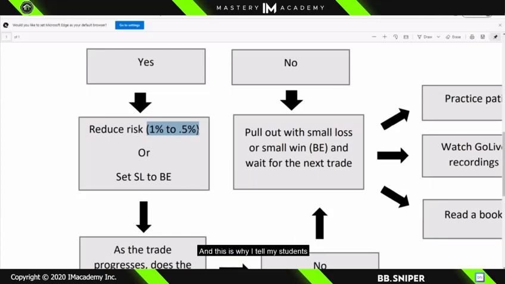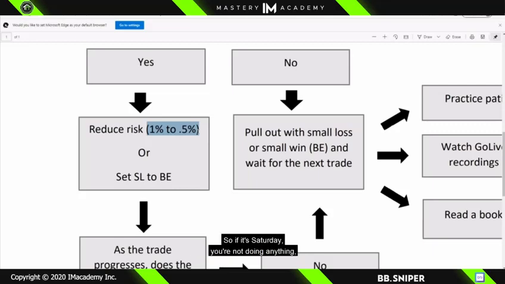And this is why I tell my students and I tell you guys over and over again that you need to study the market, because there's always something to study, fam. I'm trying to tell you, okay? We're giving you lessons, and with what we're giving you, you can do unlimited back testing.